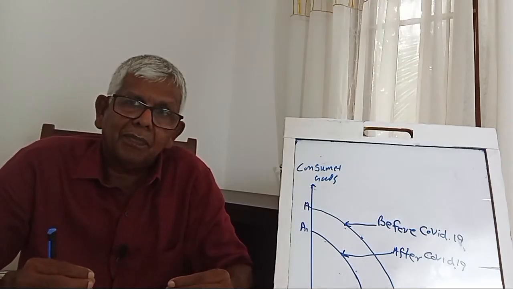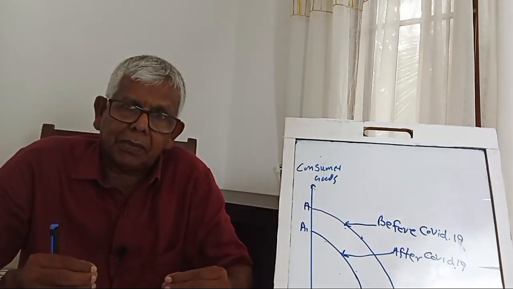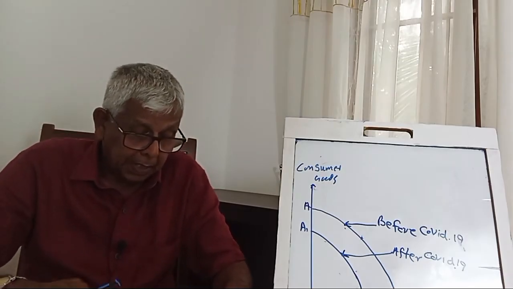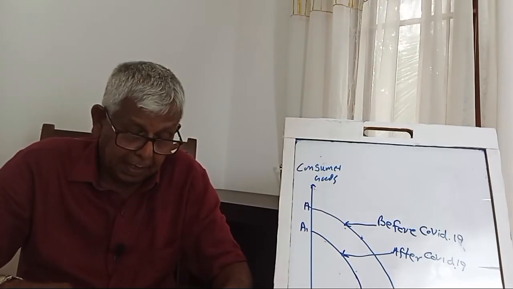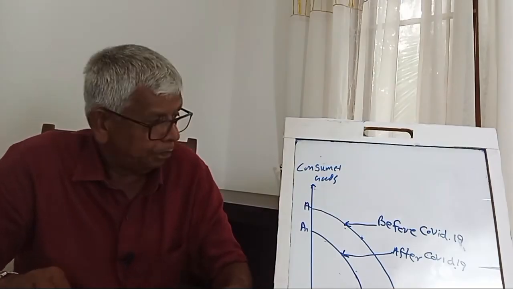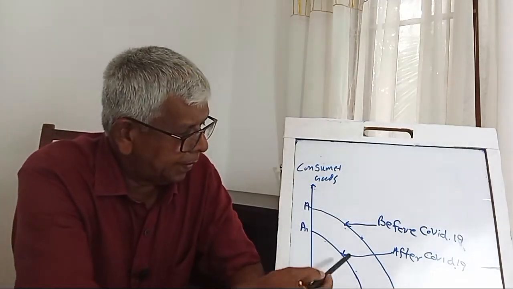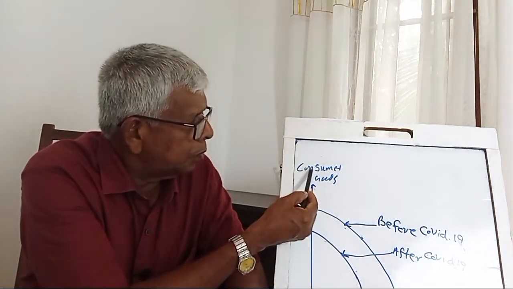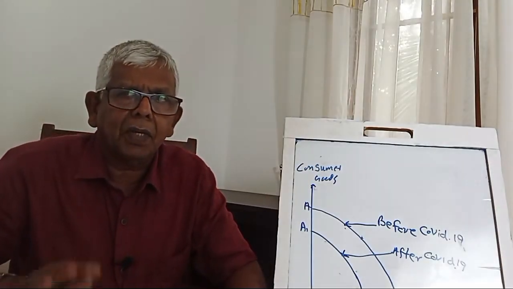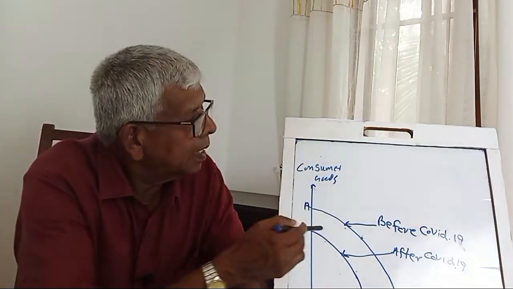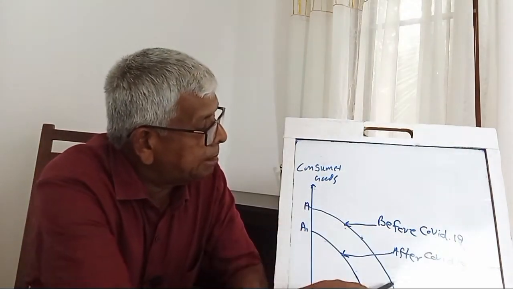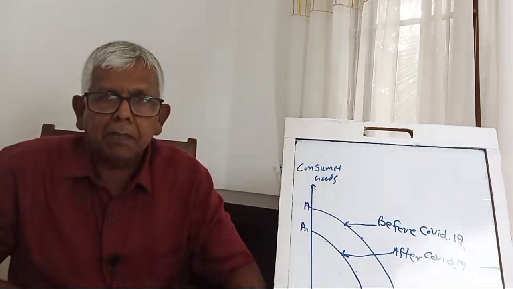The PPC, or production possibilities curve, would shift down to indicate the decrease in potential output. Look at this. Consumer goods here, capital goods here, only 2 goods. Before COVID-19, AB is the production possibilities curve.